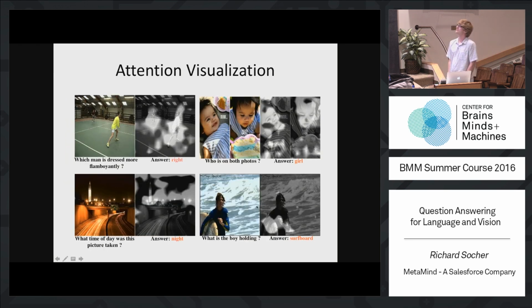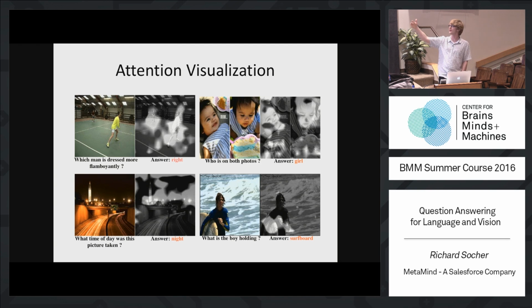And I think the left one may have gotten lucky. I don't think it really has a good world knowledge of flamboyantly and its meaning for badminton players. I think on the top right here, we probably would overinterpret its capabilities if we assumed that it really understood that these are two different pictures and it's exactly the same girl in both pictures.